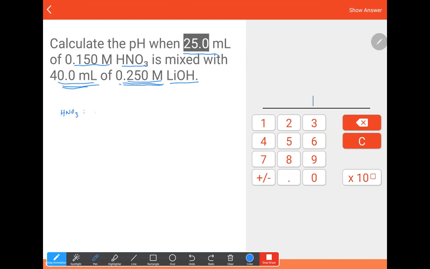So we have 0.150 moles per liter. And then I'm going to multiply it by liters, cancel it out, and get moles. So I have to be in liters, so 25 milliliters divided by 1,000.